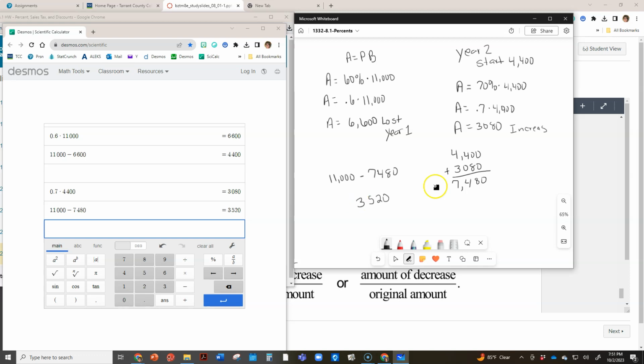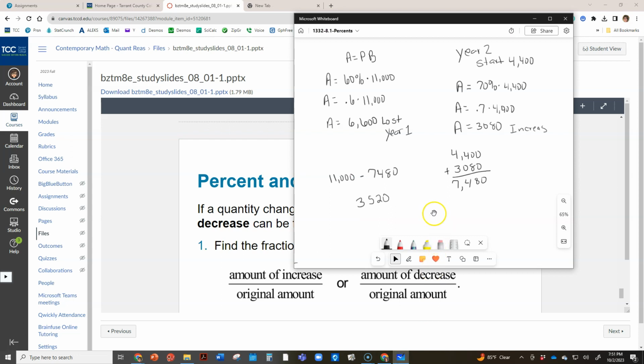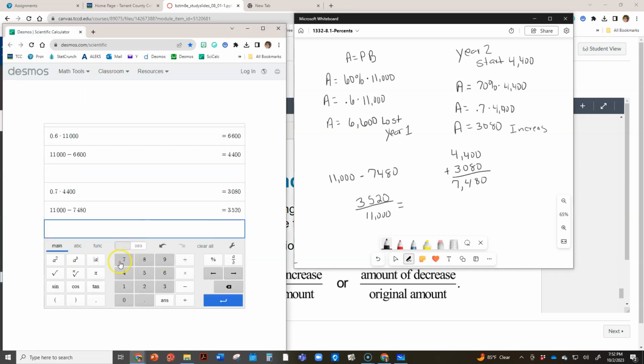Now, over here on my slides, you can see that if I'm trying to find the percentage of either increase or decrease, you put the amount of decrease on top and the original amount on bottom. So the $3,520 is what's going to go on top. $11,000 is what's going to go on bottom. And we're going to divide that.